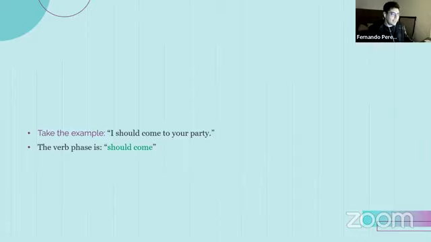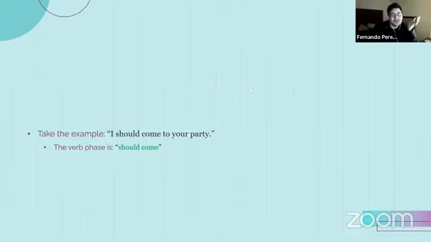We may think that the verb is only "come." But if you eliminate "should," then this word has no meaning and there is no reason to use "should."